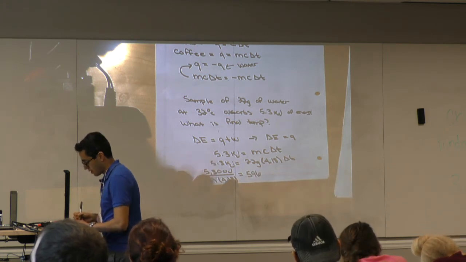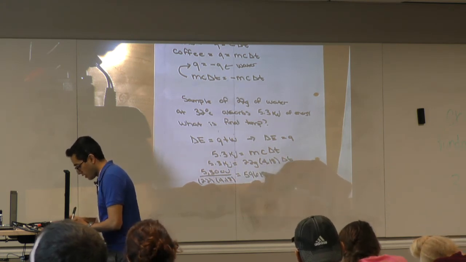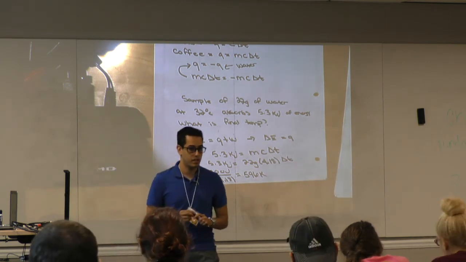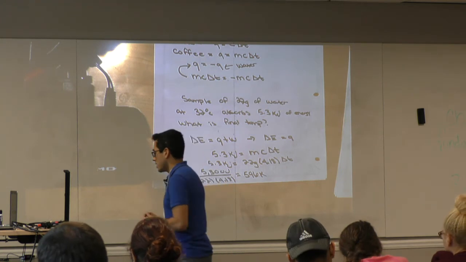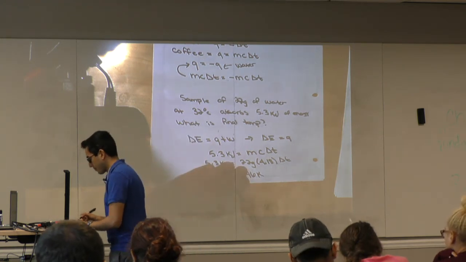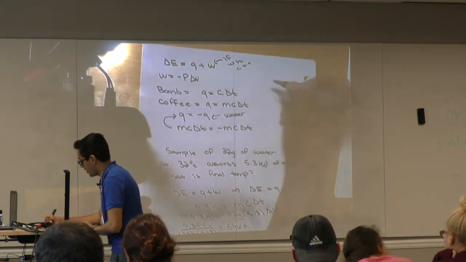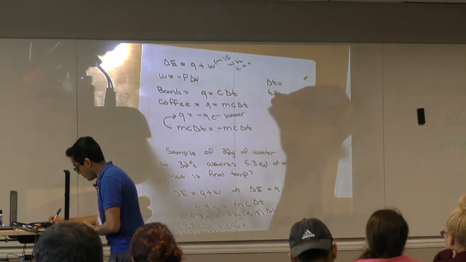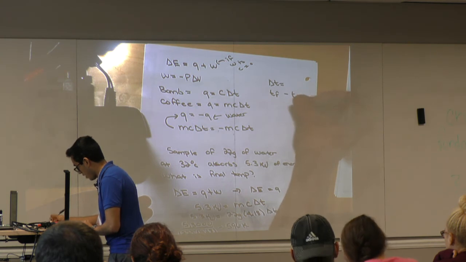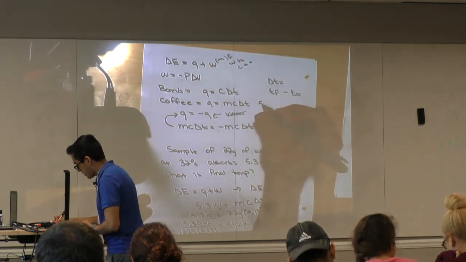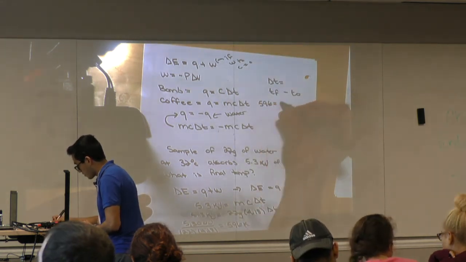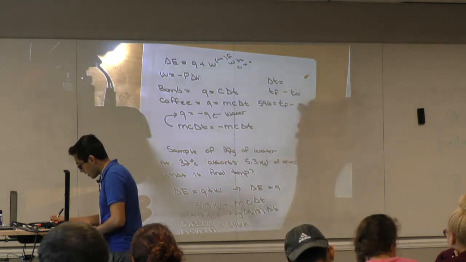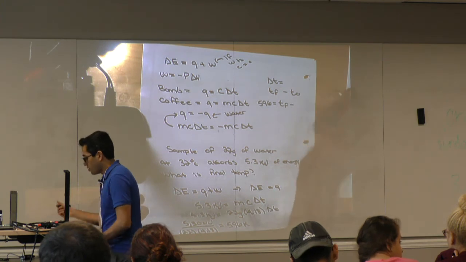596 Kelvin. So again, remember that is a delta T, right? Delta T is equal to the final temperature minus the initial. So now we know 596 is equal to the temperature final minus the 32.